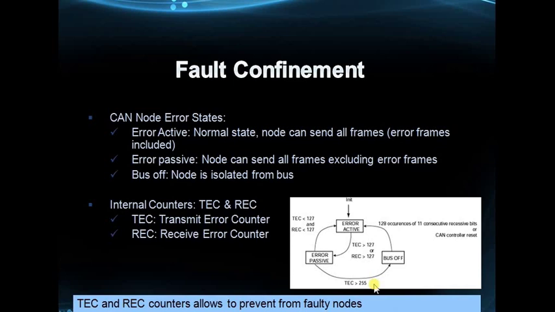It will not send any data on the bus, but it keeps listening, and if after switching off it successfully receives 128 occurrences of 11 consecutive recessive bits, then it can come back to communication.